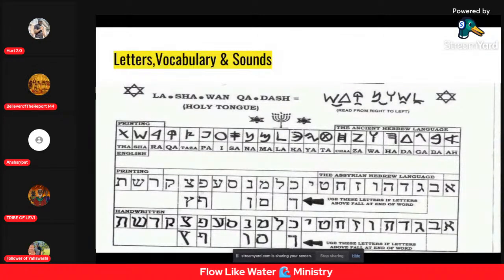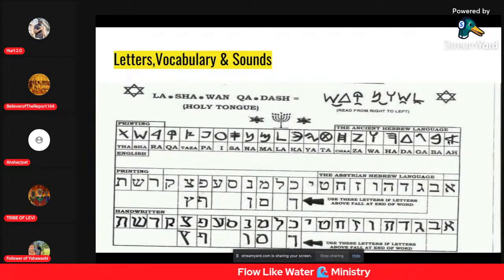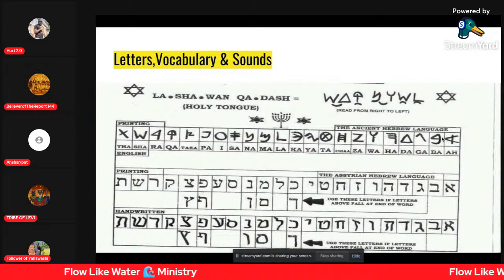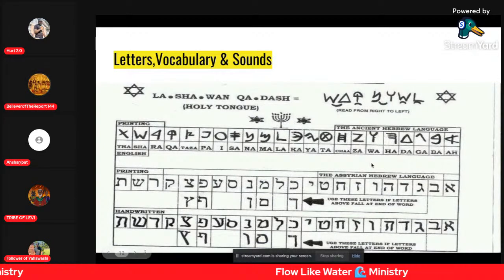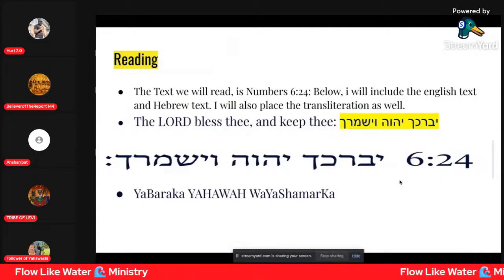This is showing the Middle Semitic script at the top, and then the corresponding sounds to each letter form. At the bottom, we have what we would see in the biblical text today. So that's simple enough. Now let's go to the next one.